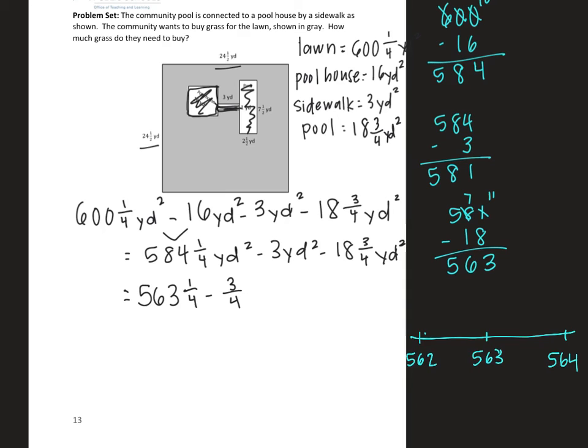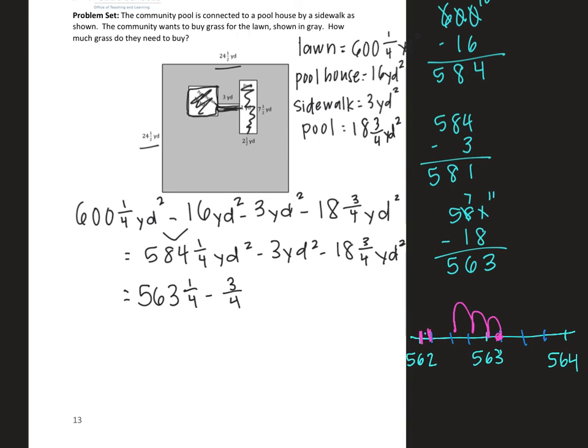I have these divided into fourths, so 562 and 1/4, 2/4, 3/4, and then 4/4 is 563. 563 and 1/4, 2/4, 3/4, and then 564. So I'm going to start at 563 and 1/4 right here. And I'm going to jump back 3/4. 1, 2, 3.